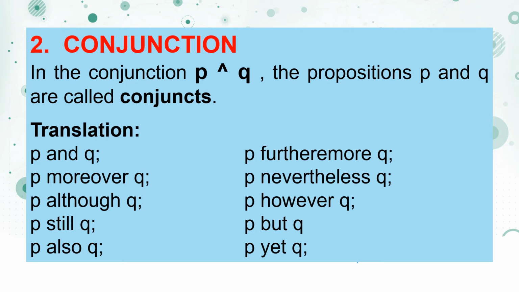Second is the conjunction. The symbol for conjunction is this one. It is just like inverted V. In the conjunction, the propositions P and Q are called conjuncts. So this symbol can be translated or read as the following.